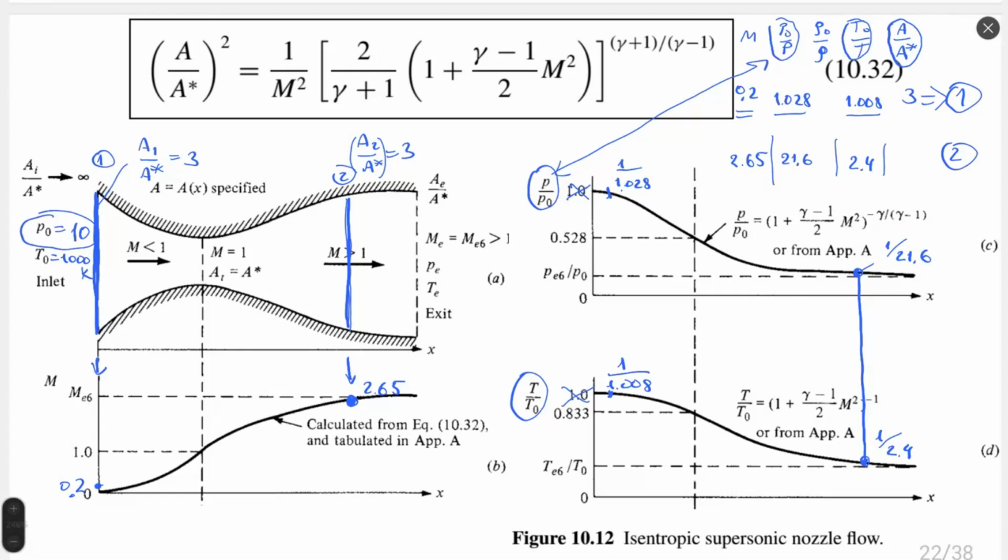And to obtain dimensional temperature, we need to multiply our dimensionless values by 1000, because our reference temperature, the stagnation temperature, is equal to 1000. I hope it's clear how to obtain dimensional from dimensionless. Please let me know if this part was not clear.